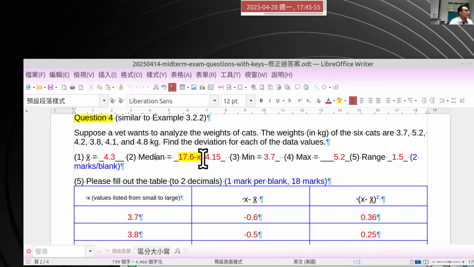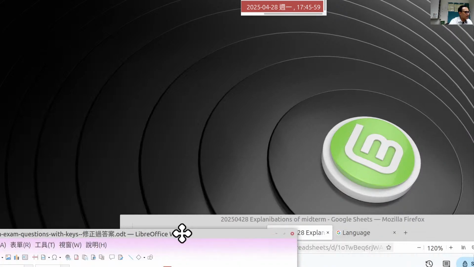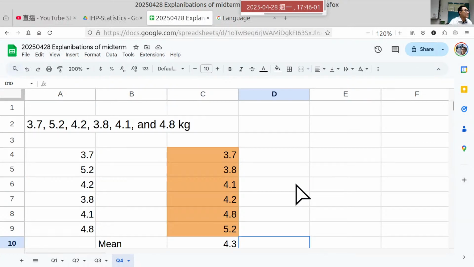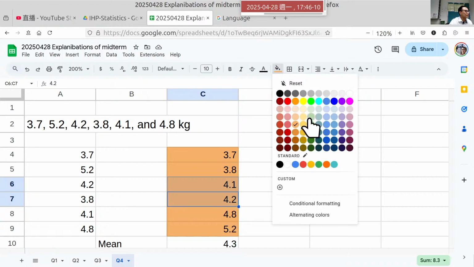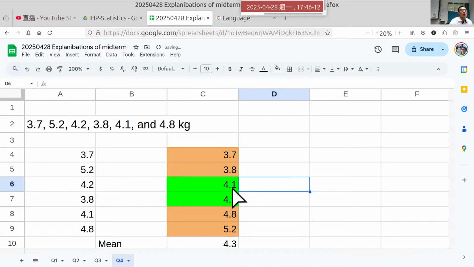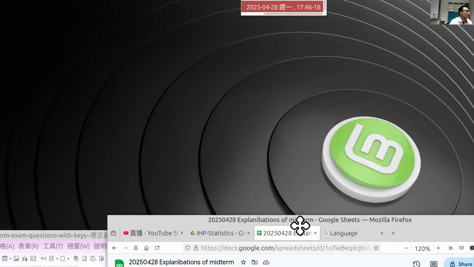The median is 4.15. How can you get that? Remember, there are 1, 2, 3, 4, 5, 6 numbers. The median is the average of the middle two, 4.1 plus 4.2, the average is 4.15.